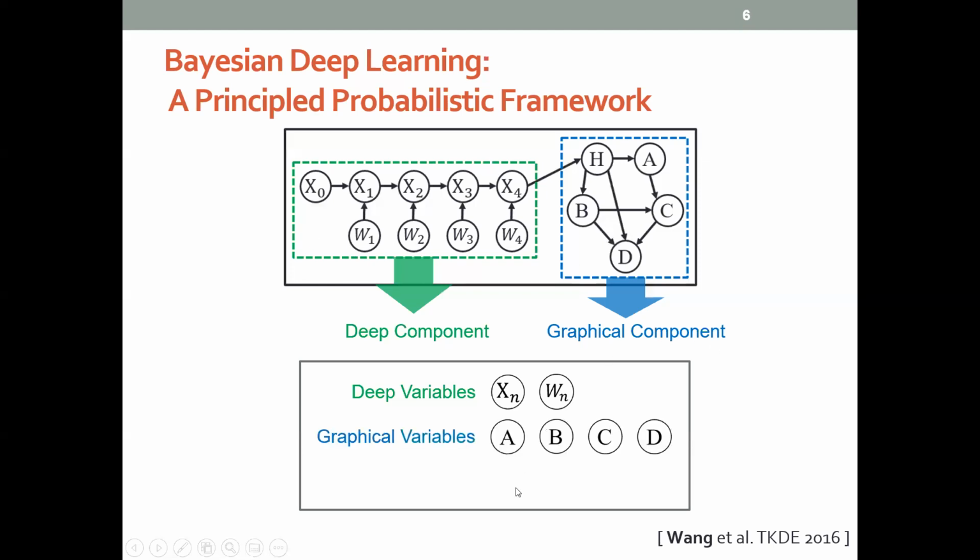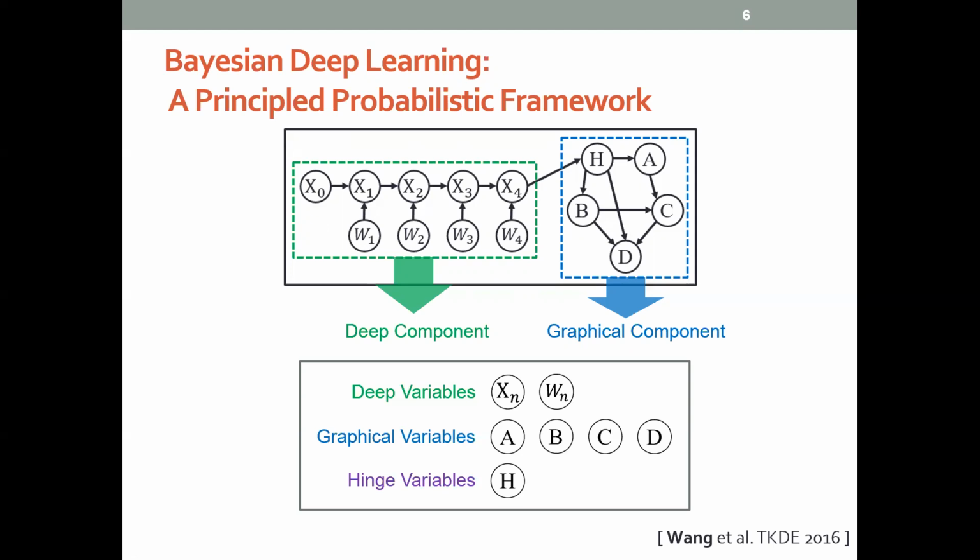We also have the graphical variables, which are the variables inside the graphical component that have no direct connection to the deep component. Some examples of these graphical variables include the user factors or the item factors in the collaborative filtering method, or the matrix factorization-based method.